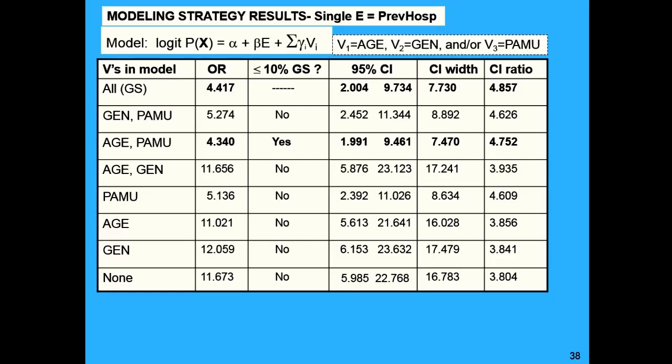So that was the idea that maybe that's the best model. However, one might argue on the other side of the coin, how much precision do you really gain if you drop gender? And if you don't gain much, now how much is a lot of precision is debatable.